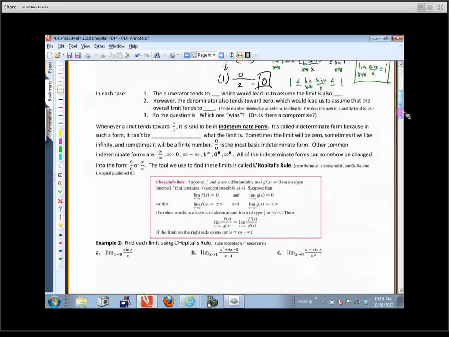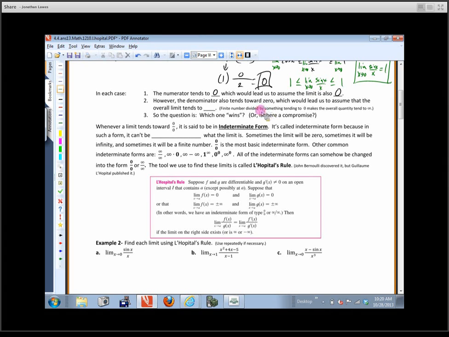So in each case, the numerator tends to 0. And if the numerator tends to 0, so if the top of a fraction is getting closer and closer to 0, then that would lead us to believe that the limit would also be 0. Because if the top's turning into 0, normally that makes the whole fraction equal to 0, right? Okay? But at the same time, the denominator is tending towards 0.